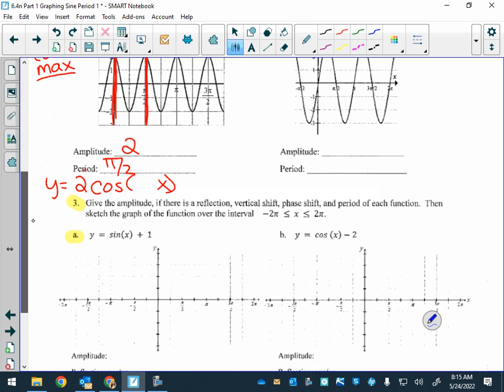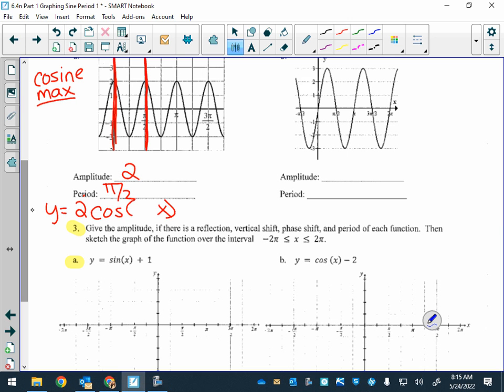What formula includes the b? 2 pi over b. But we know our period, right? So the period equals 2 pi over b. Well, if we know our period, in order to find b, pi over 2 equals 2 pi over b. We set up an equation. How do we solve for b?